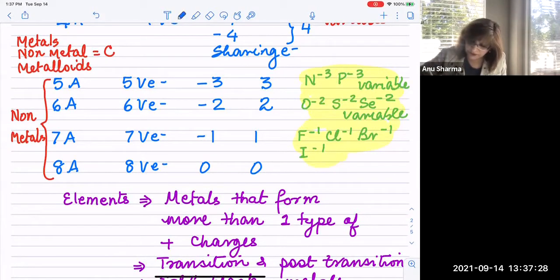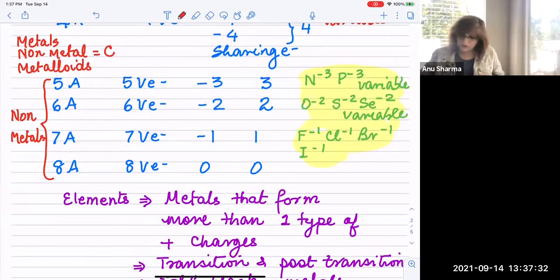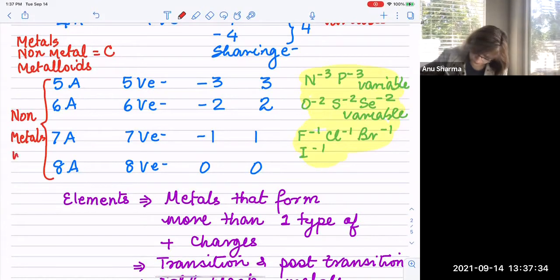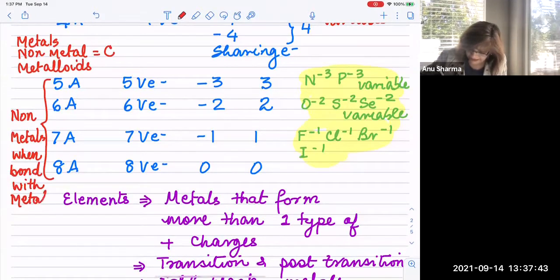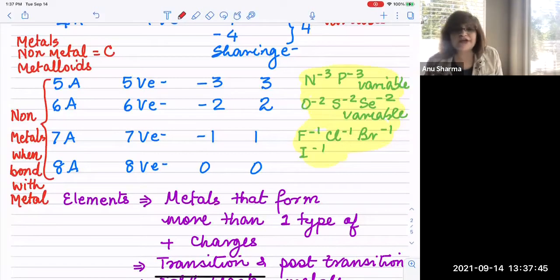Okay, so I'll put this note here that when non-metals bond with metals, then in that case, yes, nitrogen will have a negative charge, phosphorus will have a negative charge.